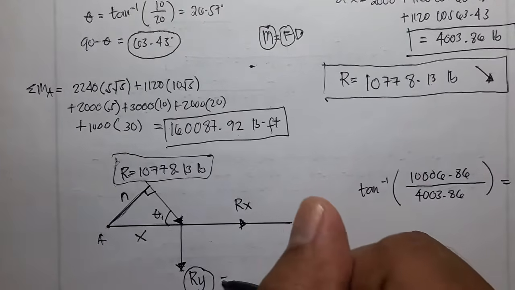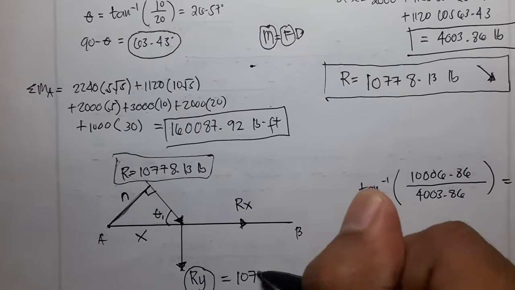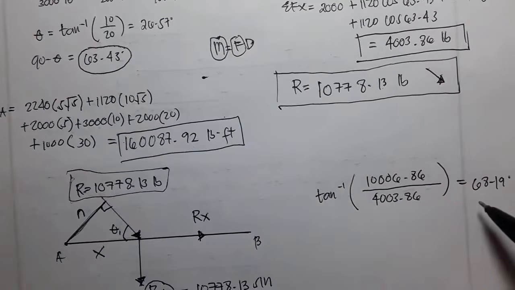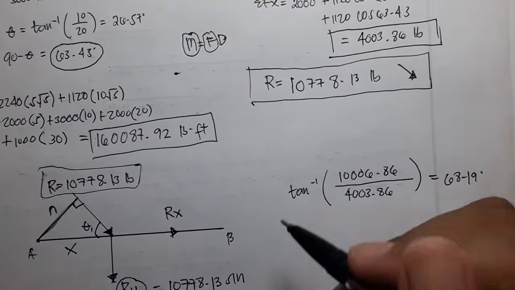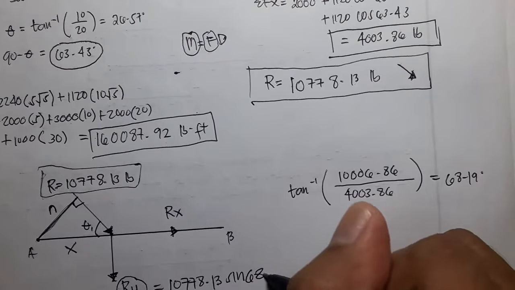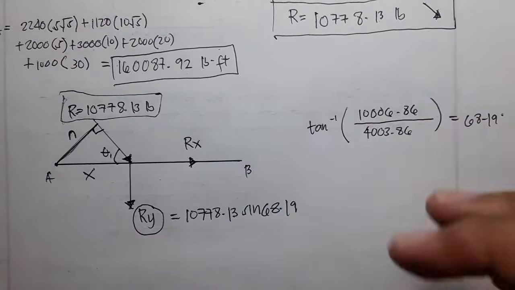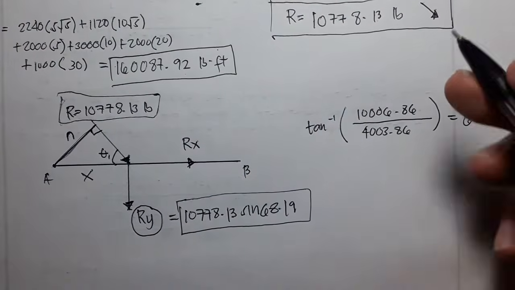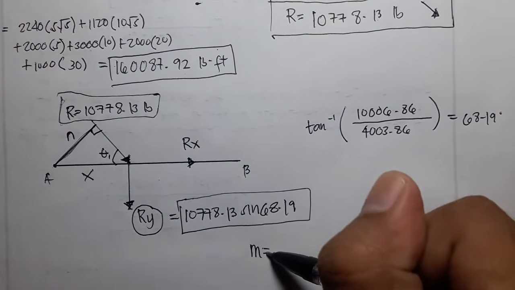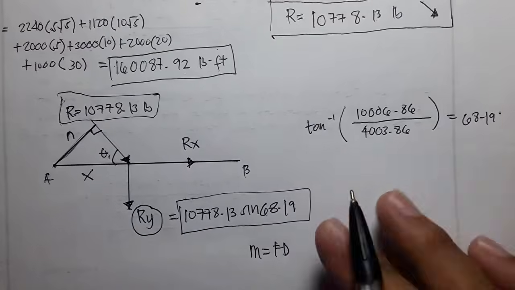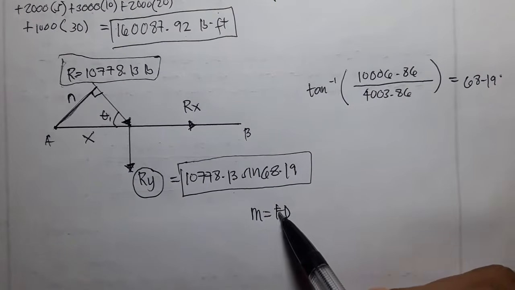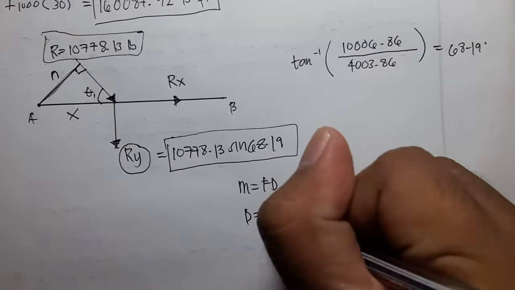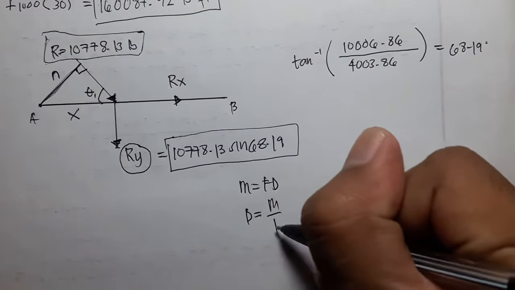So Ry is just equal to 10,778.13 sine of our theta 1, so sine 68.19. So this is the force that we will put in our formula. So our distance is just equal to moment over force.